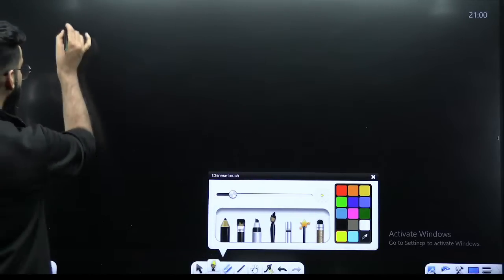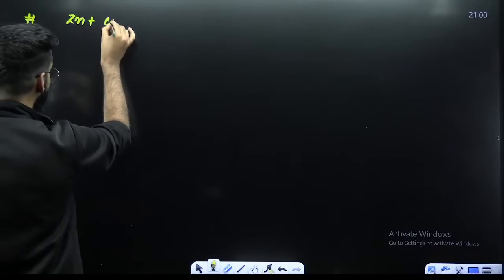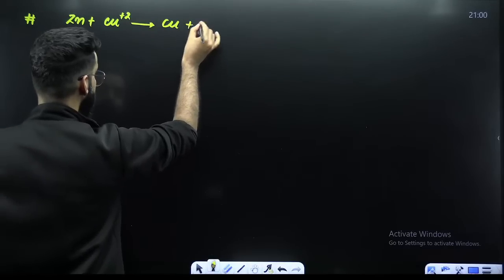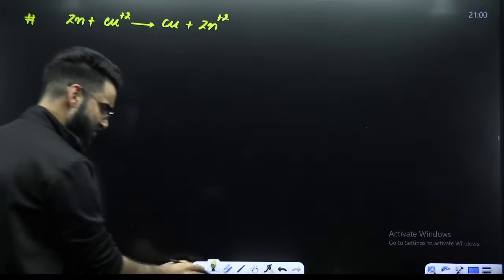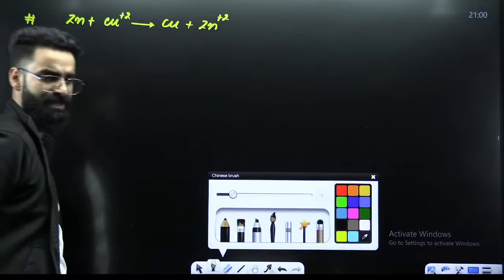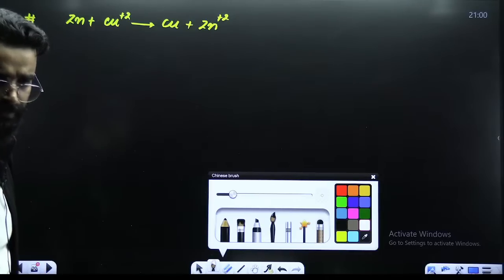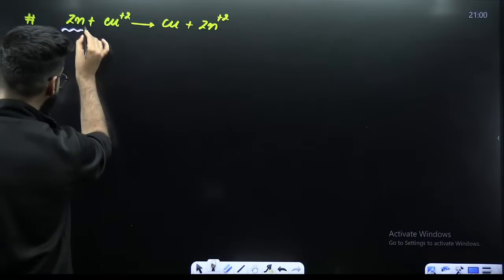See guys, for example, I'm writing one common reaction. The reaction is like this. Zinc plus copper 2+ gives copper plus zinc 2+. This is the reaction, for example. I need to check which one is my oxidizing agent here and which one is my reducing agent here. If I ask you what is the charge on this zinc, it's 0.